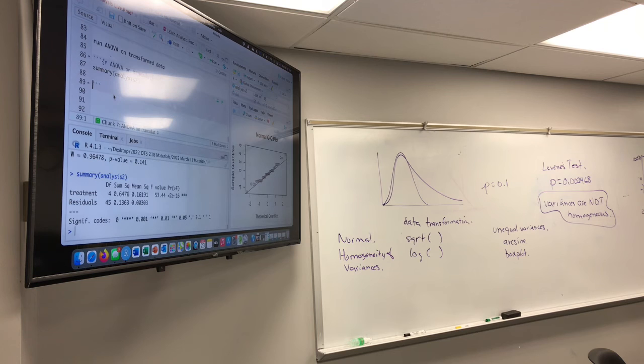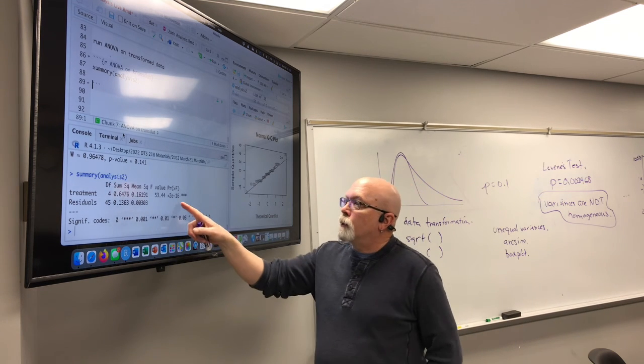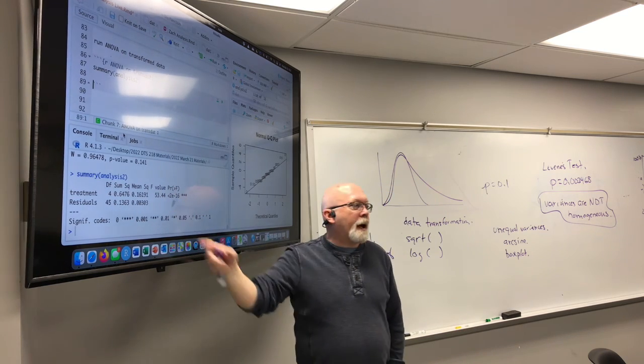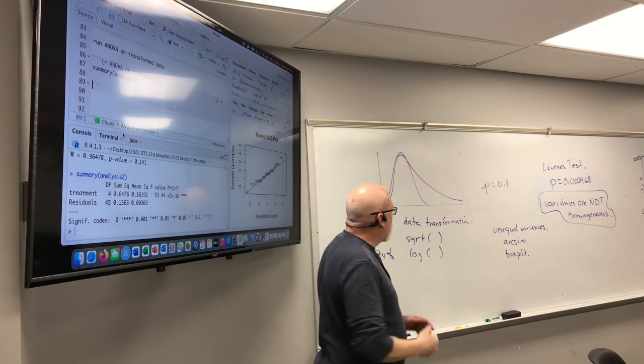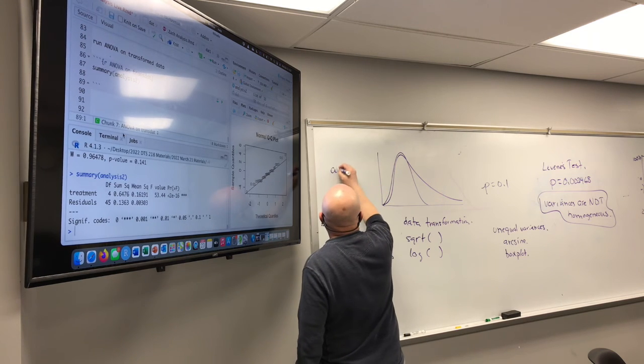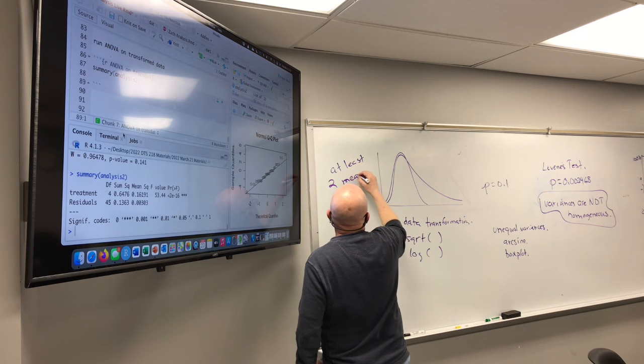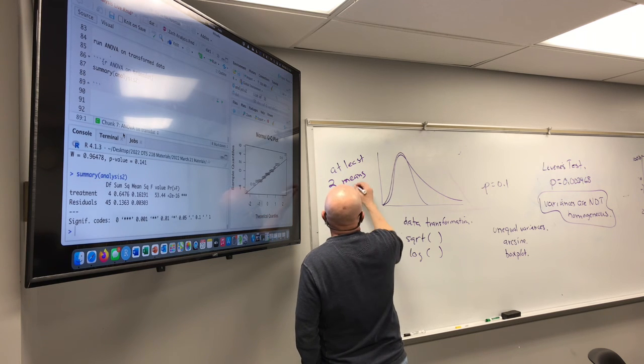Summary of analysis 2, and that should produce an ANOVA table that looks different from the ANOVA table that we had before, but one way in which it is similar is it has a very, very small p-value, which means that at least 2 means are different.